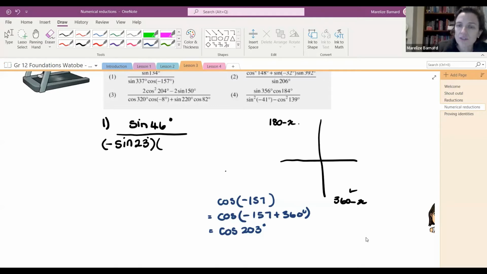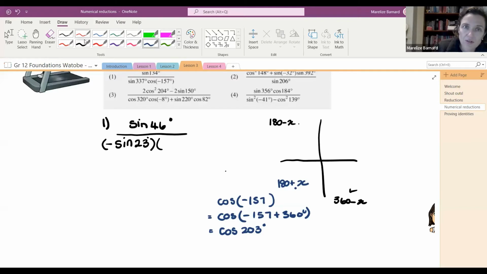Now, that is easier to reduce than the negative 157 because it's a positive angle. So 203 is going to be in the third quadrant. The third quadrant is 180 plus x. So what must I add to 180 to get 203? And that is 23.